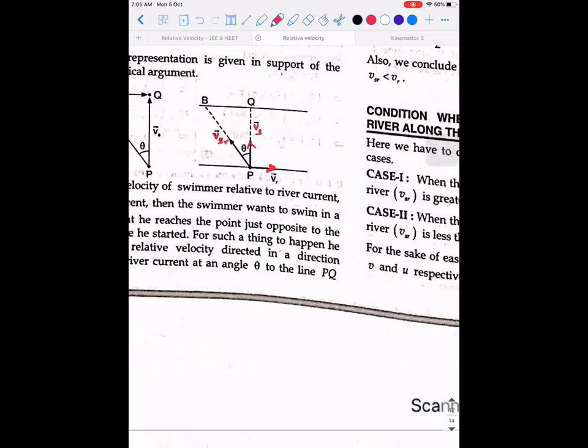I hope it is clear. So this angle is theta. Now, this VSR is making an angle theta with respect to the y direction. It is neither along the x direction nor the y direction. So we need to resolve it into two components. What are the two components we can think of? One is VSR sine theta, and the other will be VSR cos theta. Accepted?